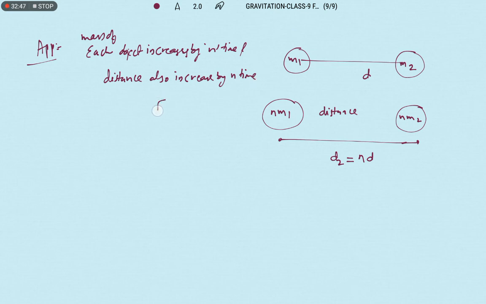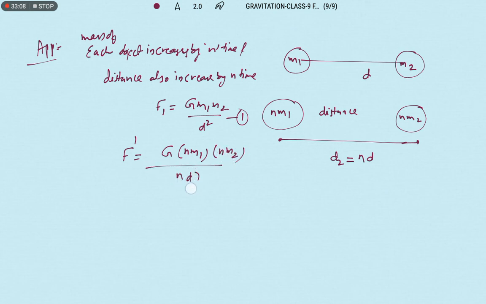So what is the initial force? F1 is equal to G into m1 m2 by d square, we can write. This is the initial force of attraction between the bodies. Now F dash I am going to write as G into n times of m1, n times of m2. What is the value of d2? d2 value is n times of the d, so whole square we can write.